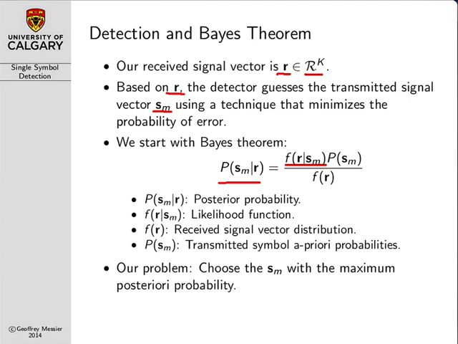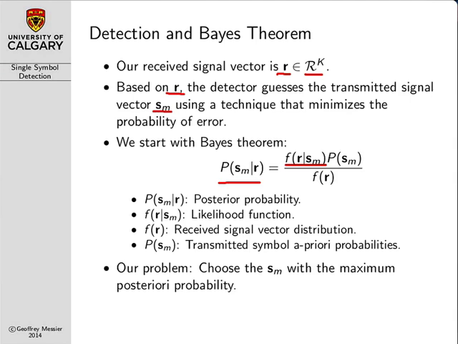Let's say we choose signal vector S1, we feed signal vector S1 into our transmitter over and over and over again, and then we look at the received signal vector R that we have at the receiver, given that we're sending the same signal vector S1. Well, if there's noise in our system, we're not always going to receive the same value, even though we're transmitting the same signal vector every time. Our received signal vector is going to wander around a little bit.